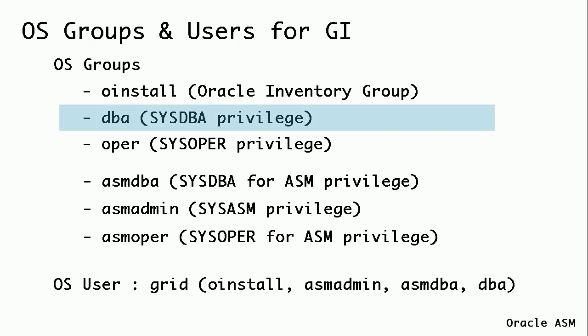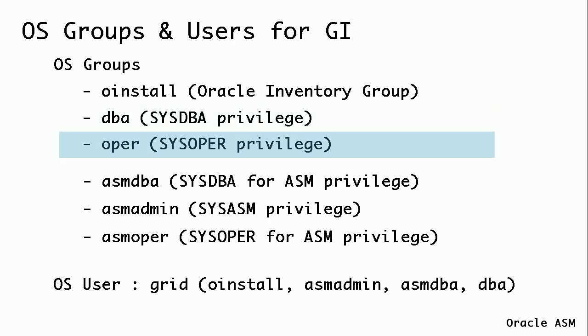DBA group will get sysdba privilege. Users in this group will get full administration privileges to manage databases. OPA group will get sysopa privilege. Users in this group can start up and shut down database instances.